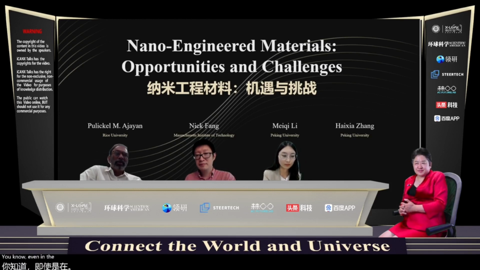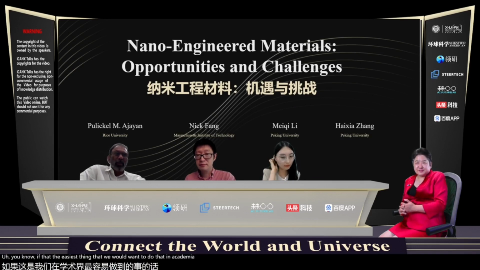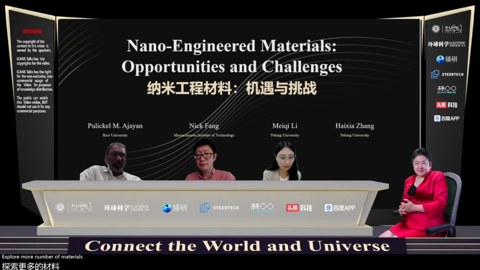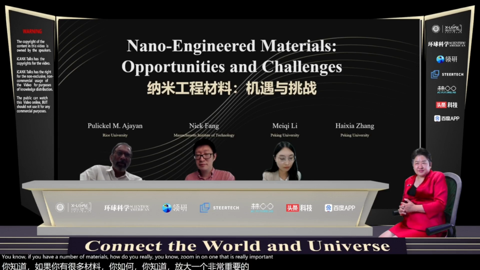Even in the case of 2D materials, what would be the easiest thing that we would want to do in academia? Explore more number of materials, perhaps, right? I mean, fundamentally understand maybe the growth techniques for different types of material. But the question really is, if you have n number of materials, how do you zoom in on one that is really important for an application?